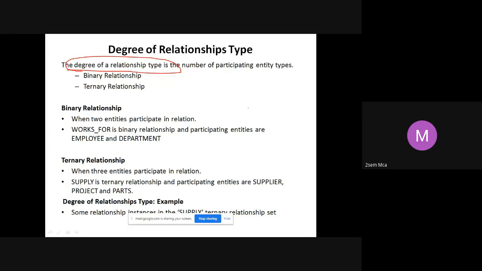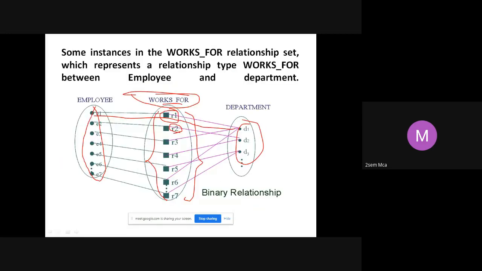So what is a relationship? Association between any two or more entities, you call it a relationship. Now, the degree of a relationship means how many entities are involved in that relationship. For example, works for is a relationship. How many entities are involved? There are 2 entities involved, one is employee and the other is department.